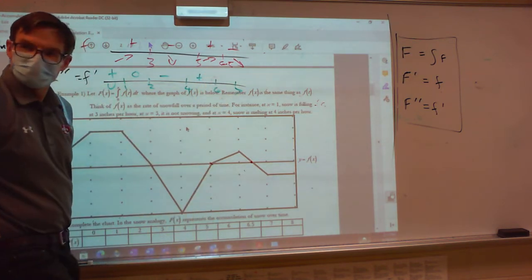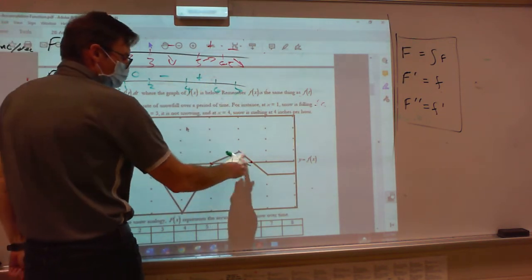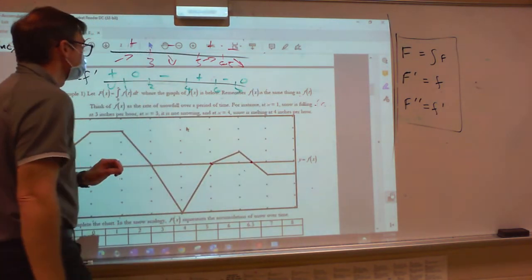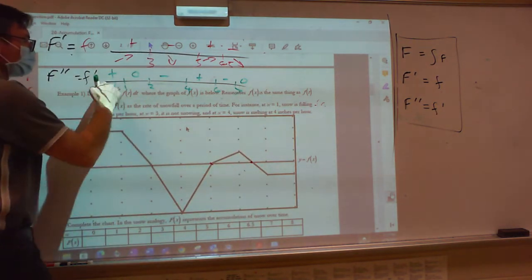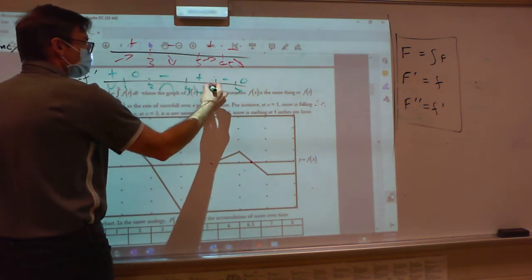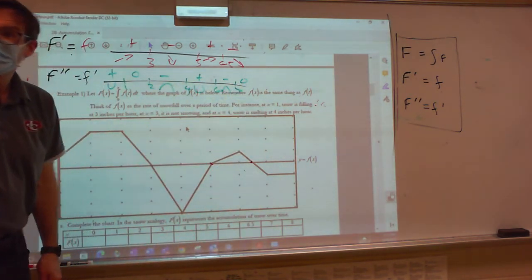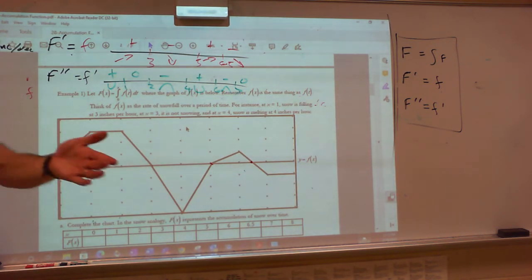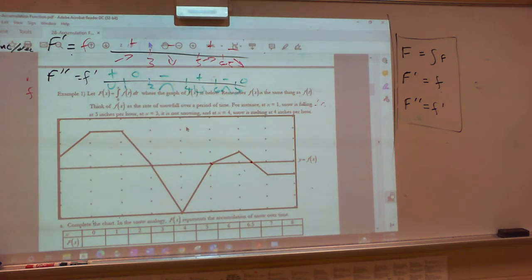That's positive. Slope from 6 to 7 is negative, and from 7 on is flat, so it's 0. But what we've got now is it's concave up, concave down, concave up, concave down. Now, let's answer some questions. You'll have to look at the questions because I have my chart up here.